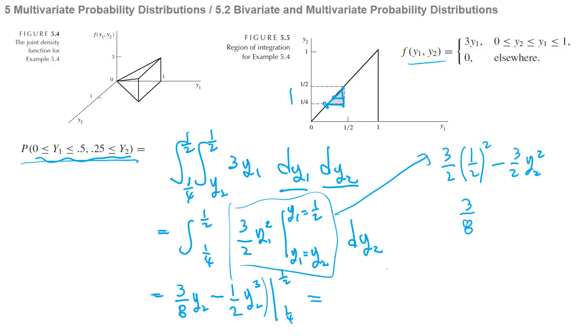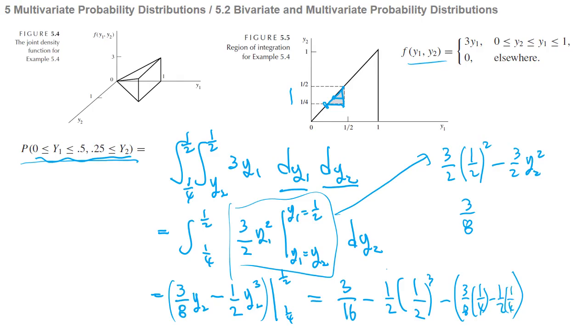So this is 3 over 16 minus 1 over 2 times 1 over 8, minus 3 over 8 times 1 over 4, minus 1 over 2 times 1 over 4 cubed.